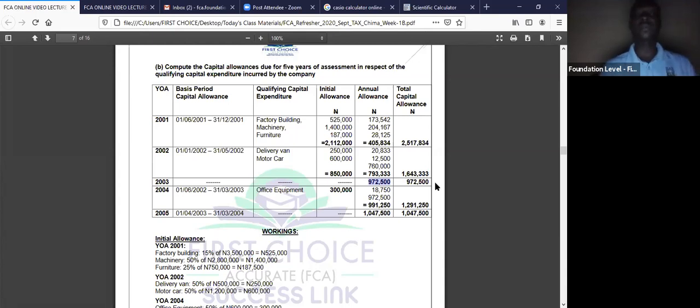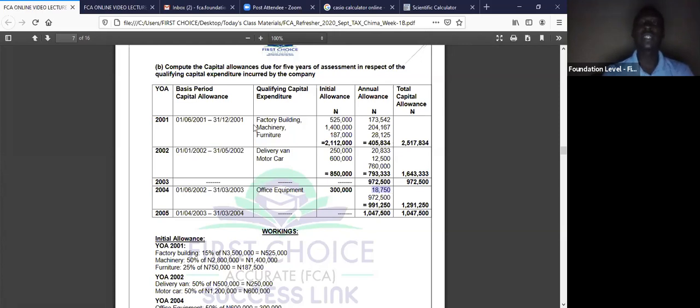That's fine. In the year 2004, we bought an asset called equipment. And we see that the equipment will only be the one having initial allowance. You know how to calculate. Now, the annual allowance for equipment, we are going to be finding a figure and which we are prorating. So this is the prorated value.